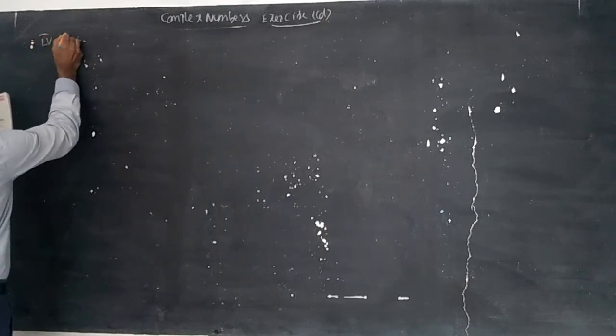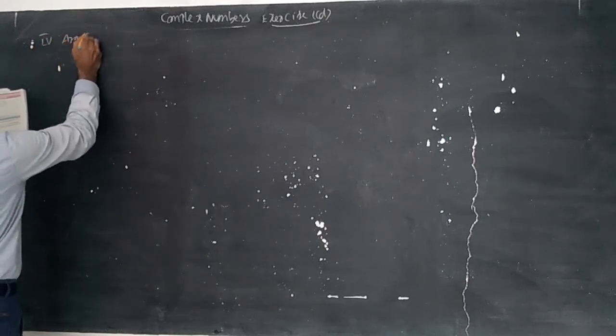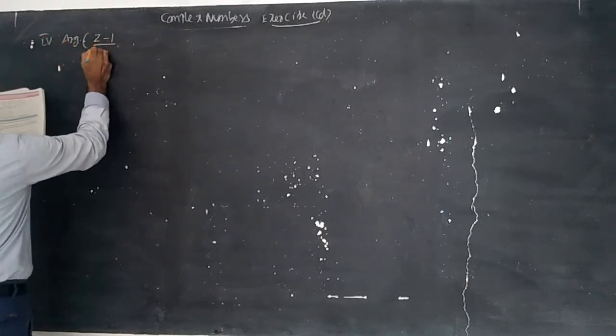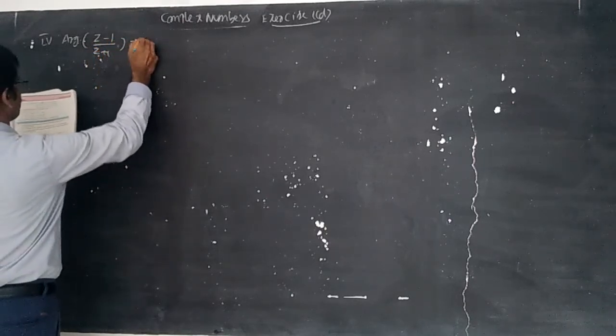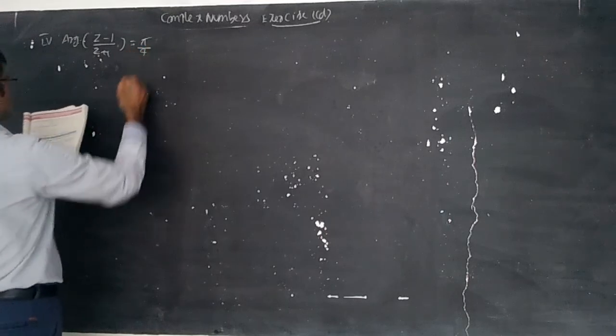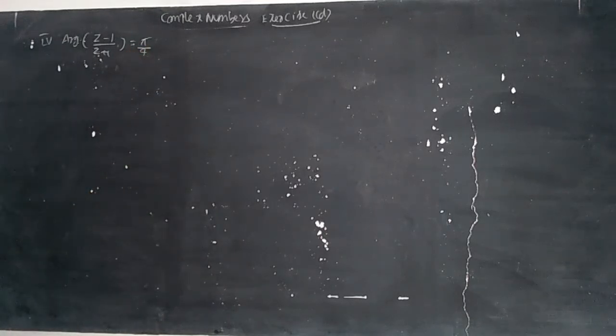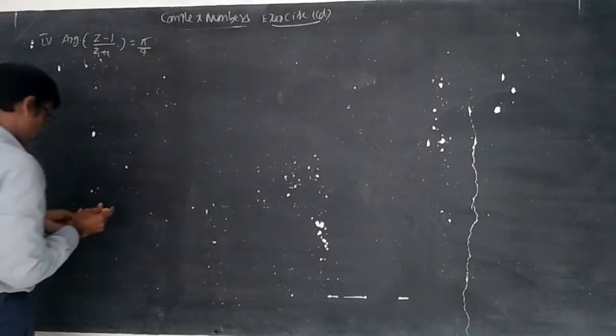Fourth one, argument of (z minus 1) by (z plus 1) is equal to pi by 4.